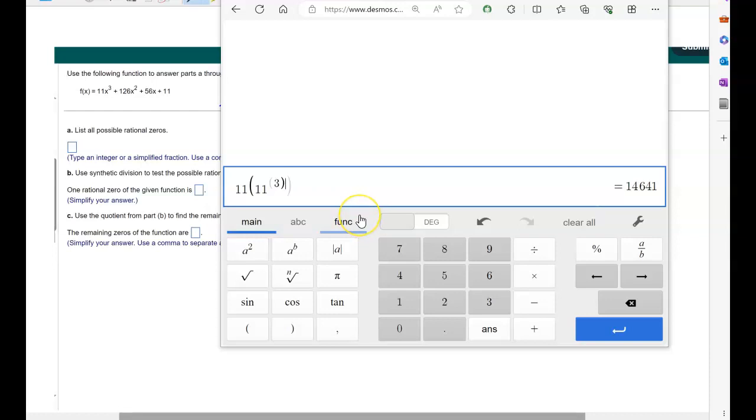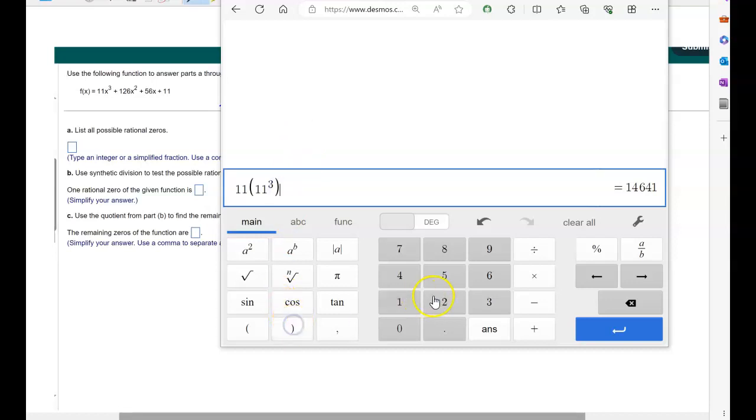Make sure it's in the middle. Okay, and then you enclose it, and plus 126. So you have 126x squared, so times 11 squared, because x is 11.